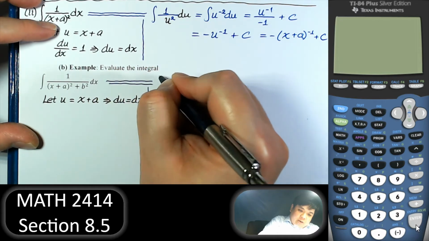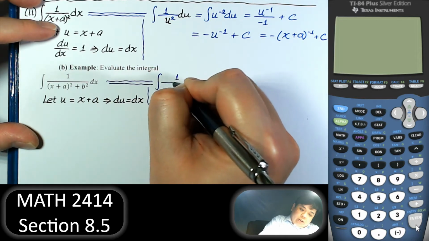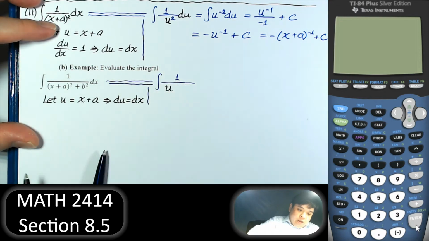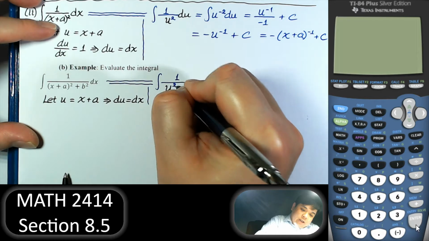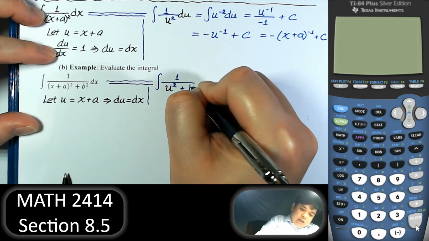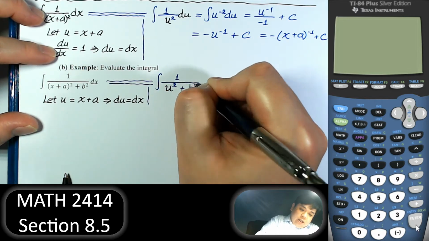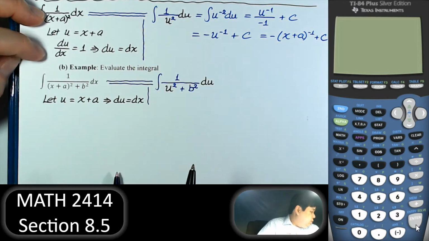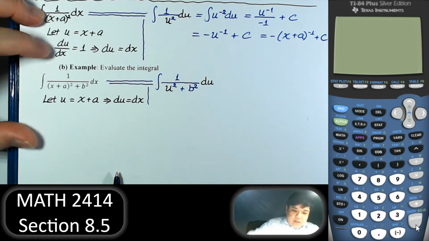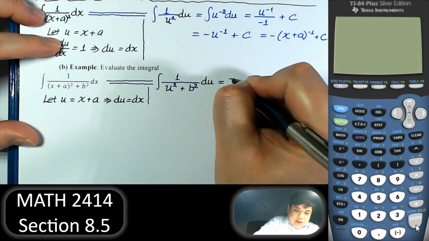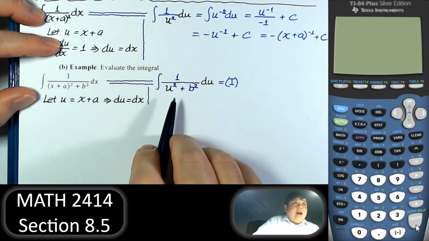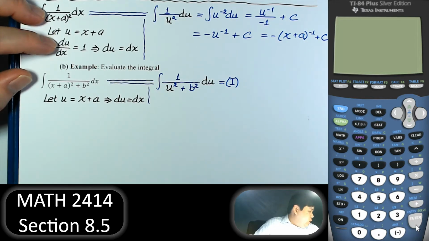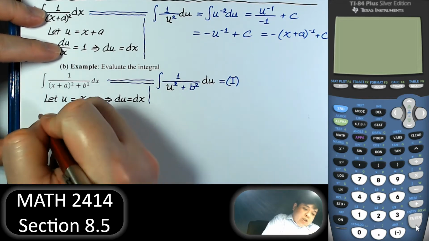So the integral now is equal to 1 over u squared plus b squared, dx is du. So let that be the integral I. Now, a constant squared plus a variable squared. This is a substitution, so we're going to use the trig substitution.